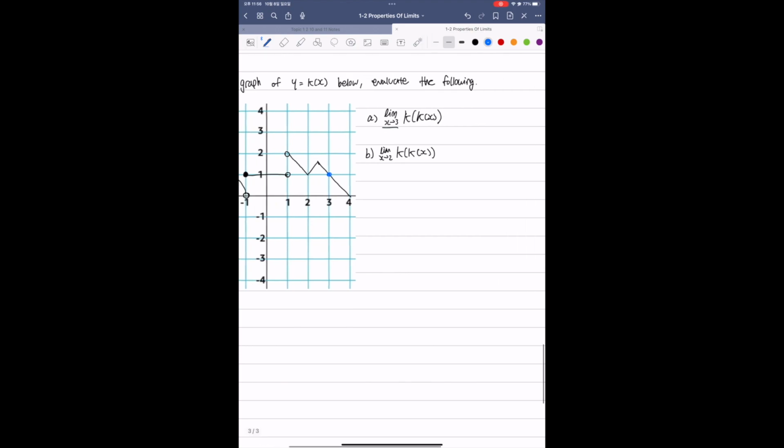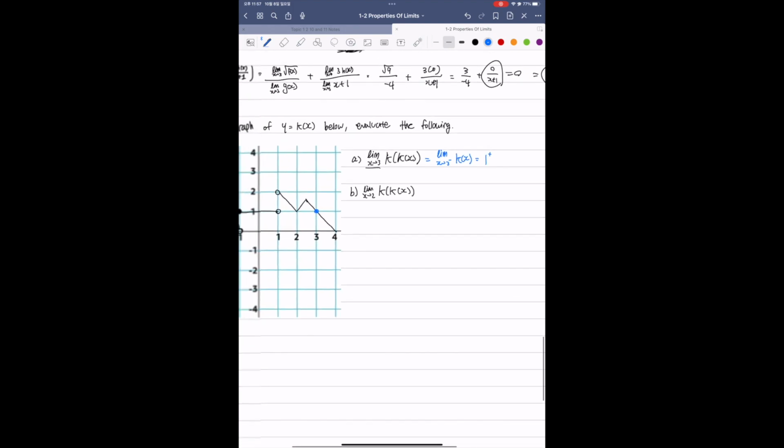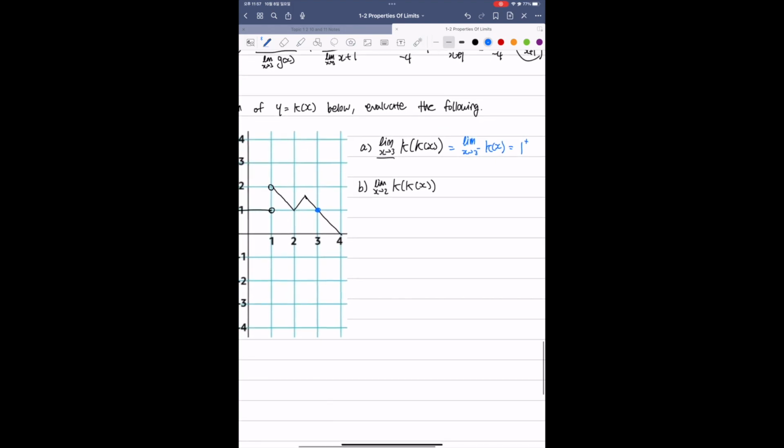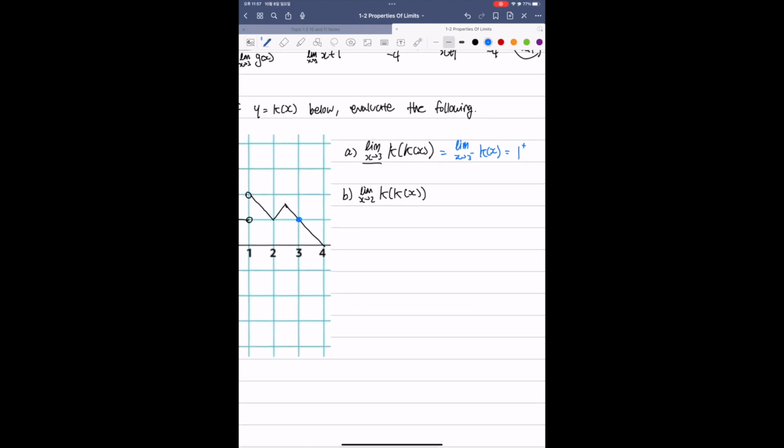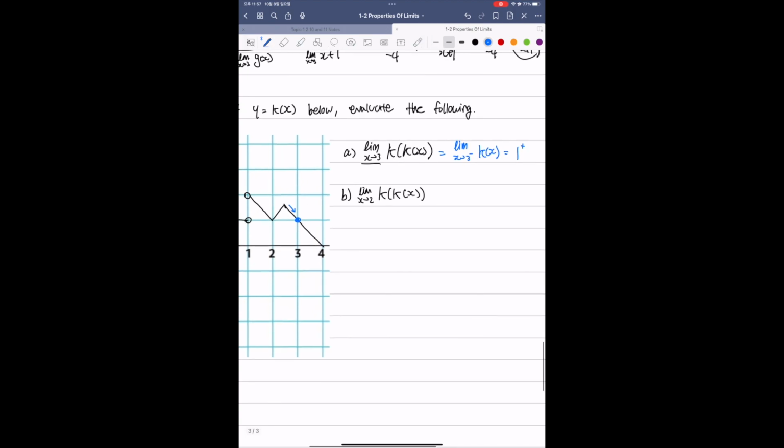Therefore, we can see that the limit as x goes towards 3 minus of k(x) is a little bit bigger than 1, because x towards 3 from the left means we're looking for the value here. According to the graph, this should be a little bit greater than 1. Therefore, I wrote 1 plus.